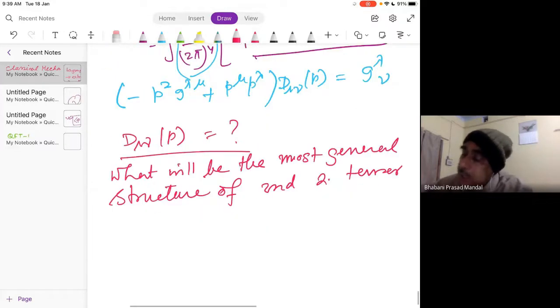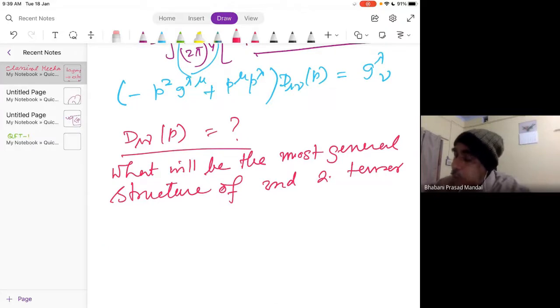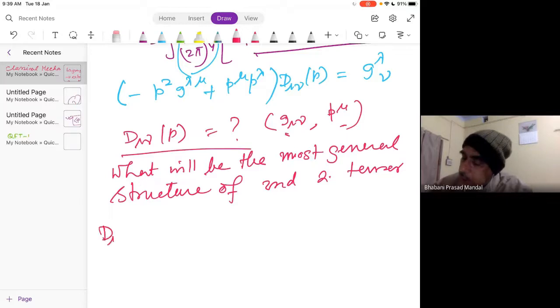So a rank 2 tensor I have to construct out of momentum space. What do I have in hand? I have g mu nu, this tensor is there, and I have p mu. I can use these two as many times as I can to construct this. So the general structure, it is rank 2.